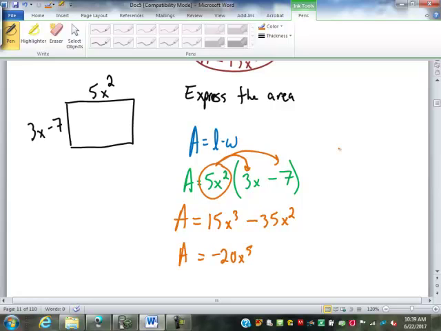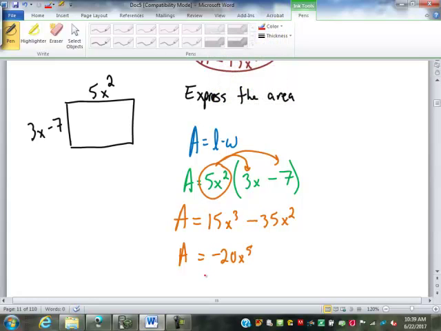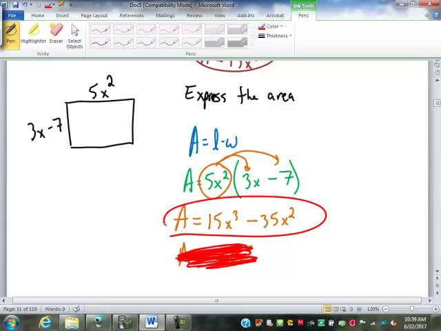Correct? No. Don't do that. I'll catch some of you trying to do that. Don't. Got to stop there. Why do I have to stop here? Yes, x to the third and x squared.